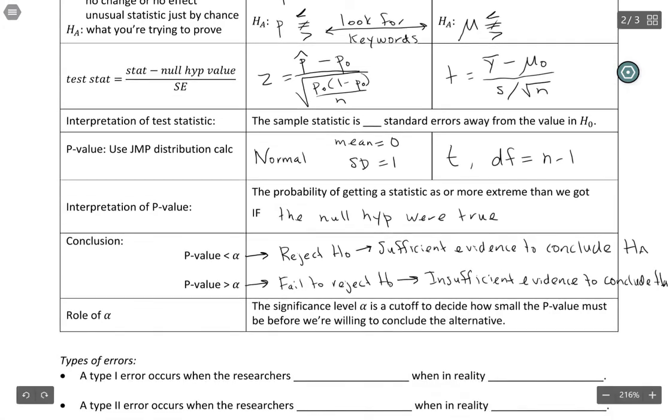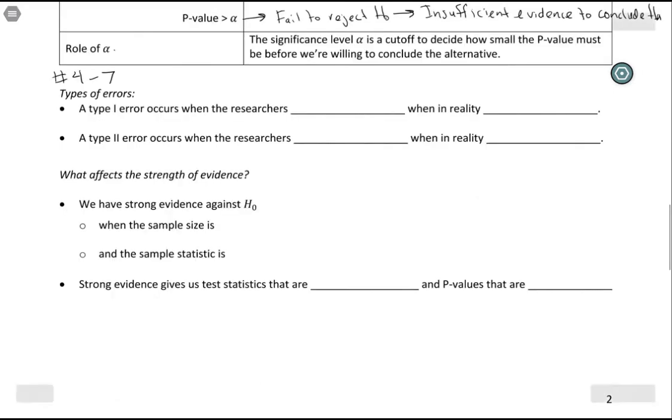Okay, so the role of alpha is a cutoff for your p-value. It's deciding how small the p-value needs to be before we're willing to conclude the alternative. Alpha is relevant because it helps you figure out whether you're going to make it easier to reject the null or harder to reject the null. In other words, how much evidence you're going to require before you're willing to conclude the alternative.